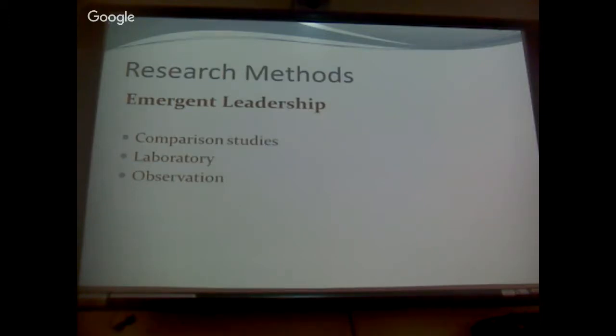The advantage is that we can control the entire environment. So if we can find some kind of cause and effect relationship, we can make a causal attribution: if the person led this way and it led to a successful outcome, then we know that behavior or competency led to the outcome, and hence to what we call effective leadership.